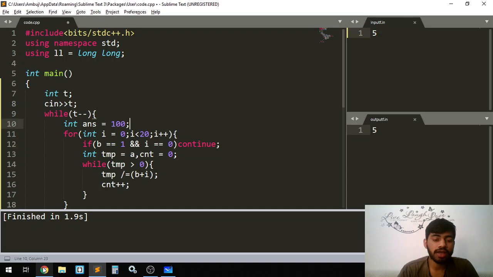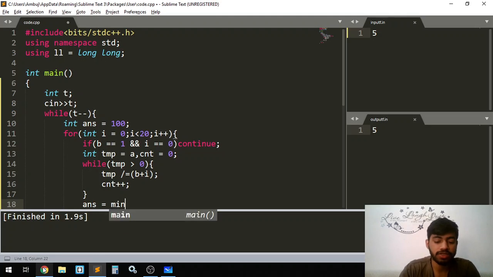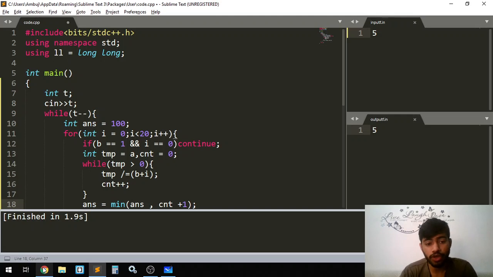Now our answer must be the minimum, so answer will be the minimum of answer and count plus 1, because one operation is this i, the incrementation operation, and the count is the number of type 1 operations we will use. Count is telling the number of type 1 operations, and plus 1 is for the type 2 operation we have just used.